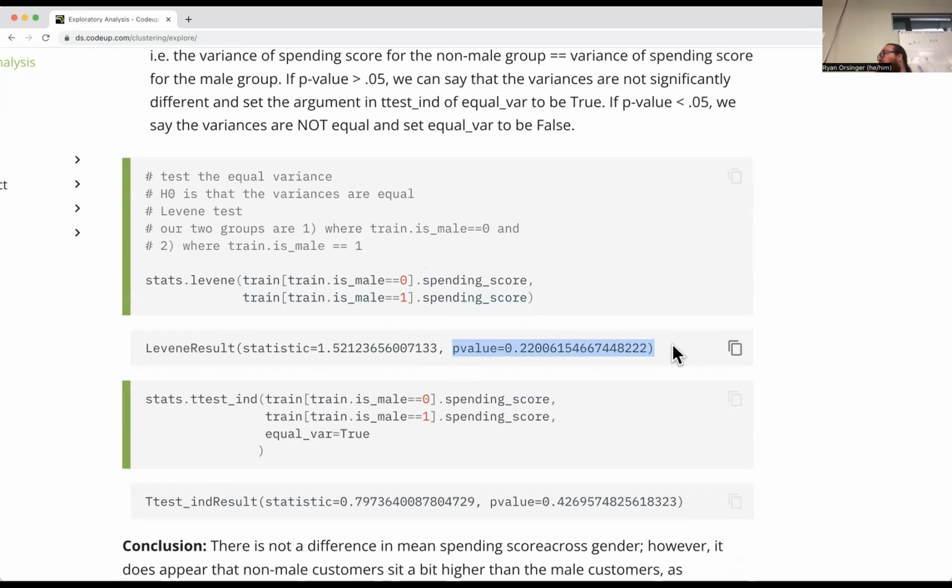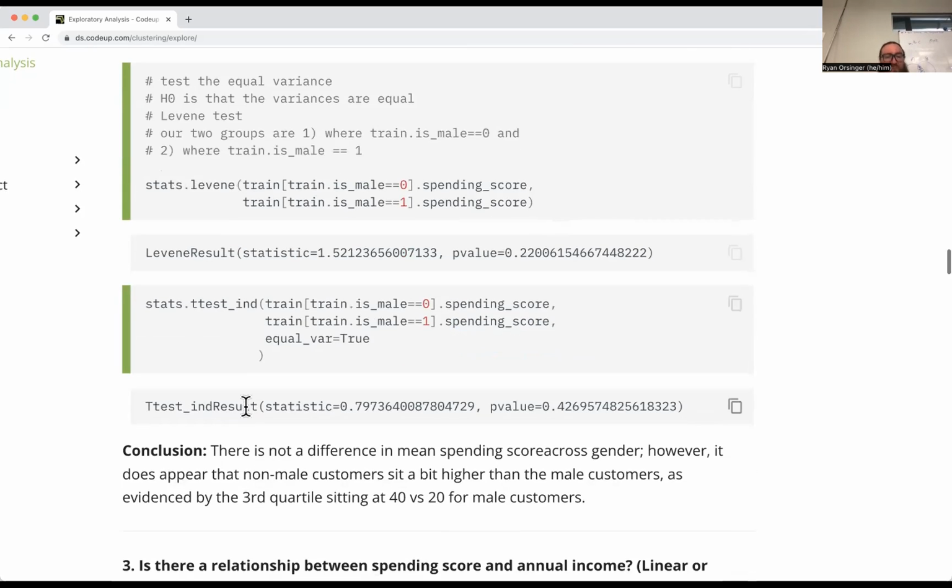This tells us that the evidence does not support the claim that the variances are different. So, ergo, when we run our t-test for independence, we send in the non-male spending score, the male spending score, and the third argument is equal variance. We set that to true because we failed to reject the null hypothesis from that Levene's test.